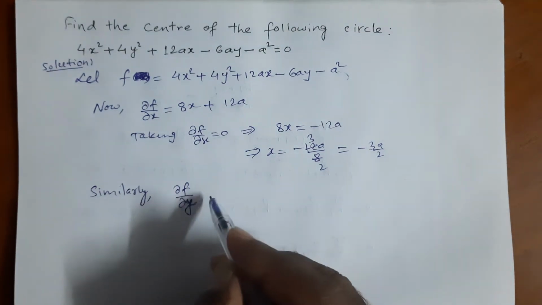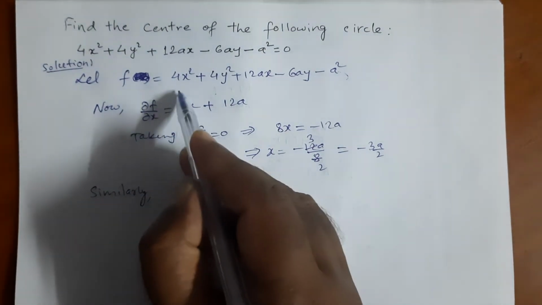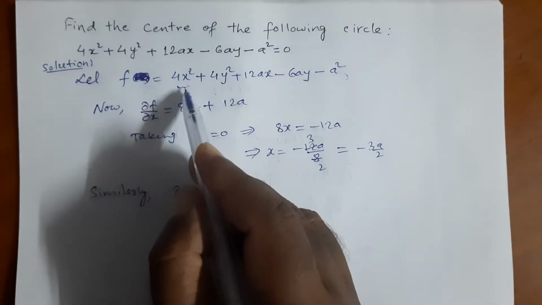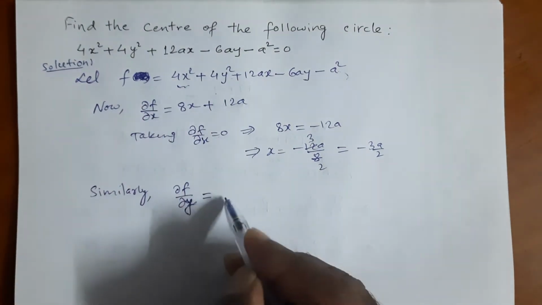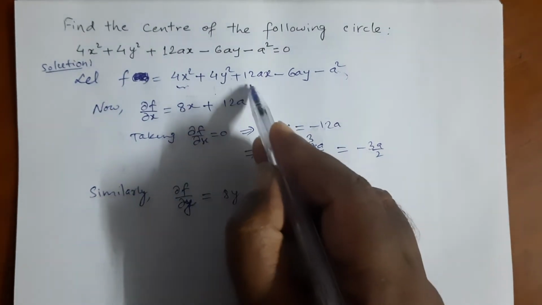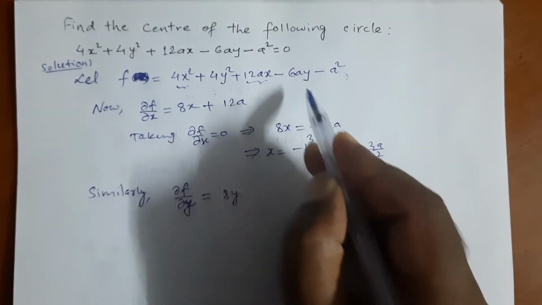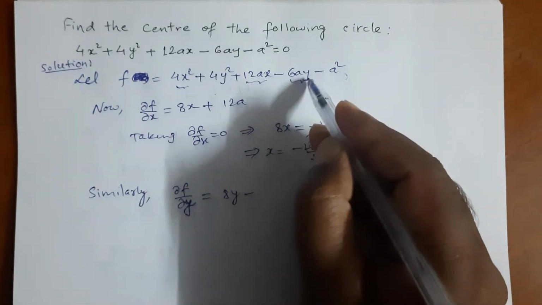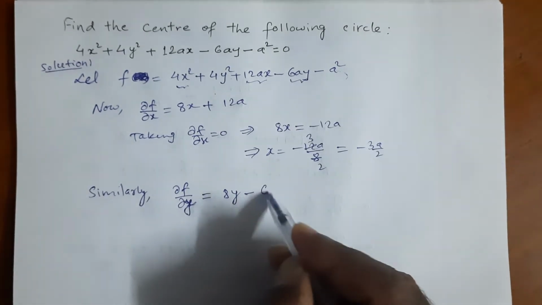Okay, so this will be 0 because except variable y others are taken as constant, so its derivative will be 8y. This is constant, so its derivative is 0. Here derivative of y will be 1 with respect to y, minus 6a will be there.